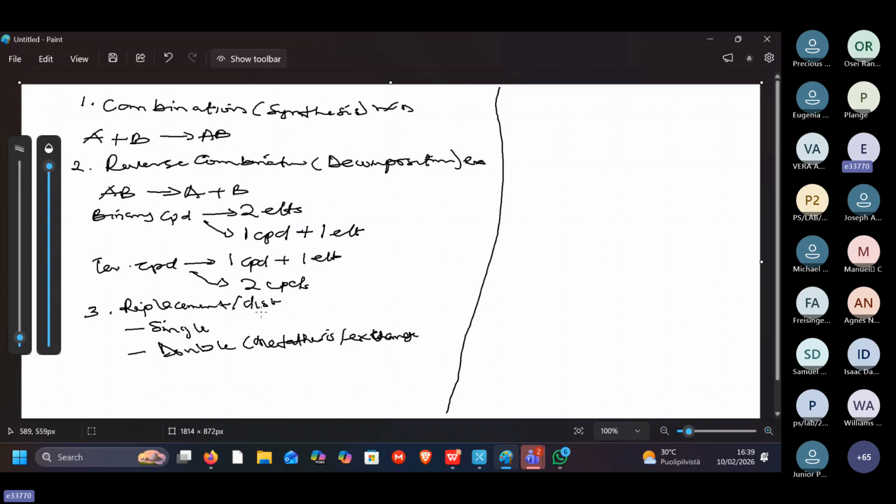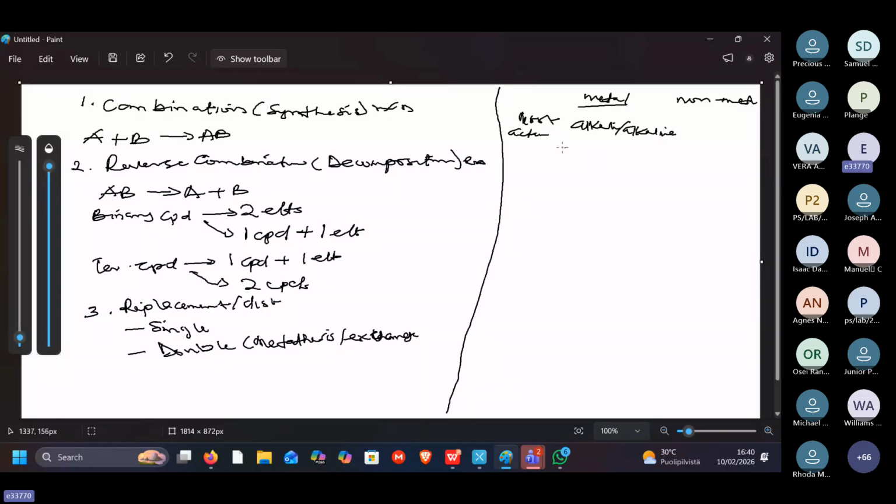Now we understand that some of these elements are quite active than others. So if you look at the most active element, considering metals or non-metals, then for metals, we look at the alkali being the most active, followed by the alkaline.